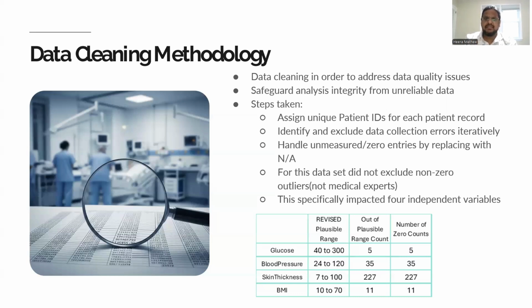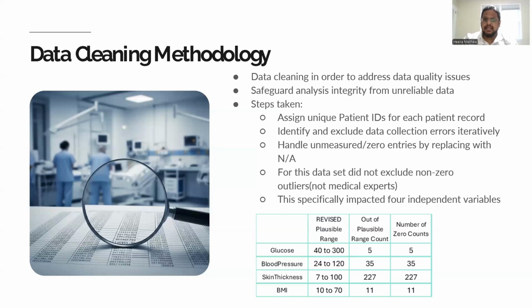And for this data set specifically, we didn't include anything else, although we could exclude outliers. We didn't do that given we are not medical experts. And this specifically impacted the glucose, blood pressure, skin thickness, and BMI, where we excluded the zeros, whereas other variables like insulin or DPF, we understand they could be 0, or in the case of DPF, we didn't observe any zeros, and so there was no change there.